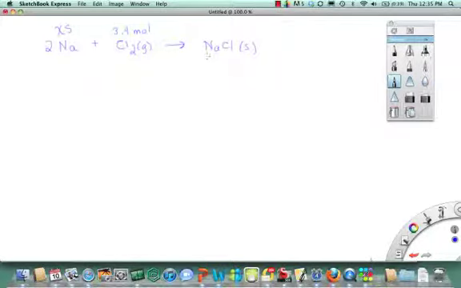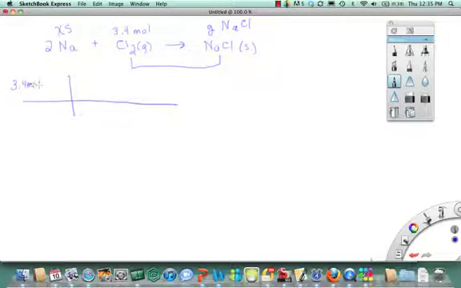So what we want to do is get out of moles of chlorine and into grams, to figure out how many grams of sodium chloride we're going to produce here. Okay, so we start with our T-chart, and we have 3.4 moles of Cl2.